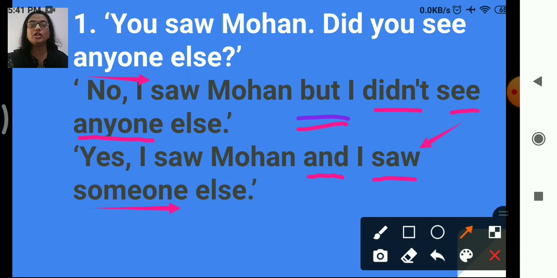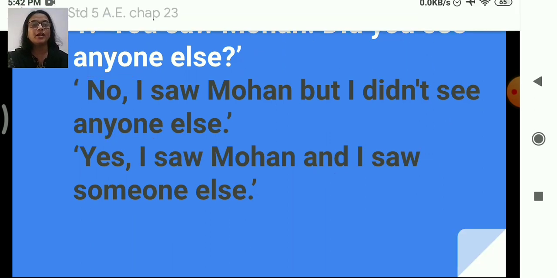This will change into someone. So these are the changes which you are supposed to do. Okay, in example it is given. Same way we have to follow. So what are answers for no? No, I saw Mohan, but I didn't see anyone else. And for yes answer, yes, I saw Mohan and I saw someone else. Right?